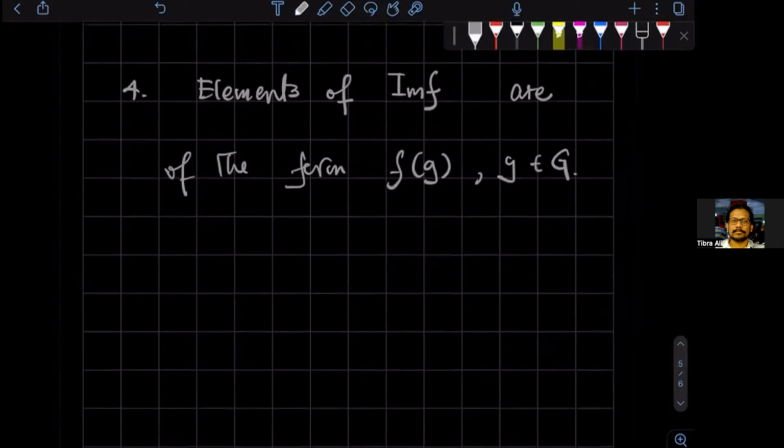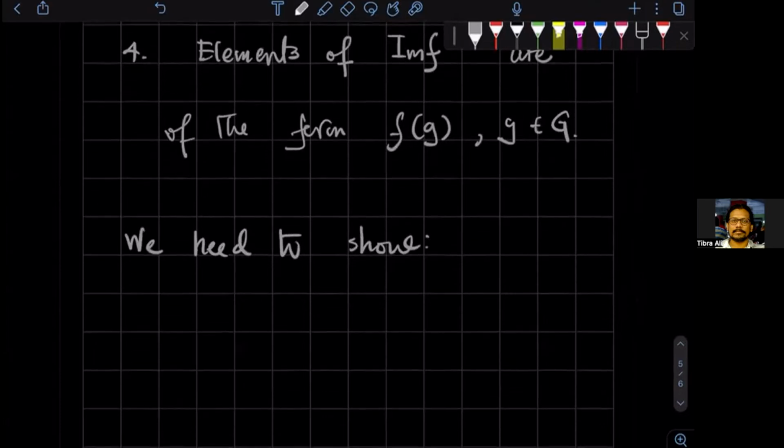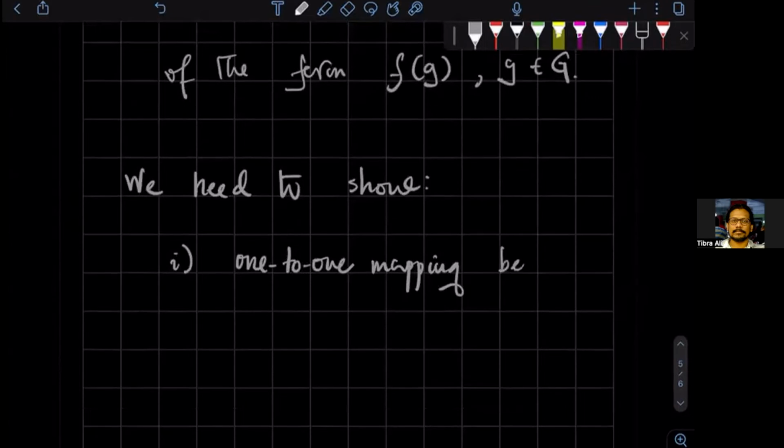Okay, so what does the proof involve? To prove this, we need to show that there is a one-to-one mapping between the elements of the left-hand side and the right-hand side: the coset space, the quotient group, and the subgroup, which is the image of F, right?